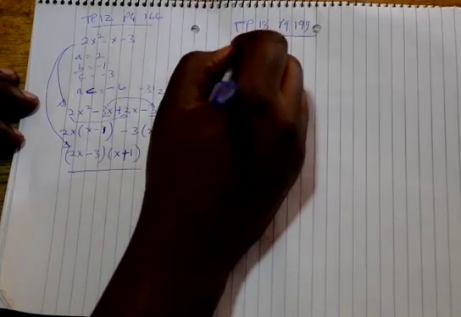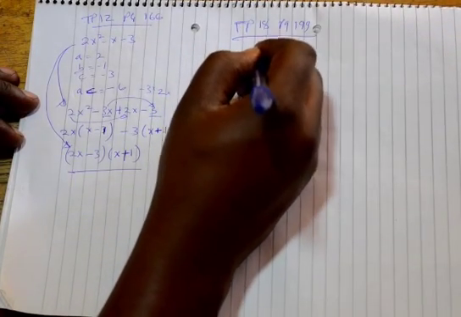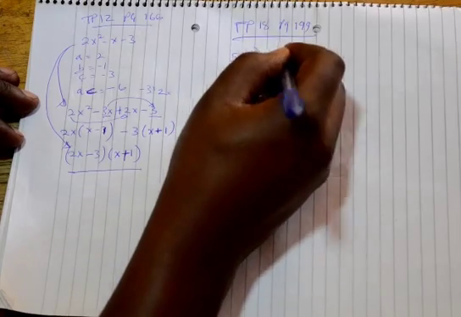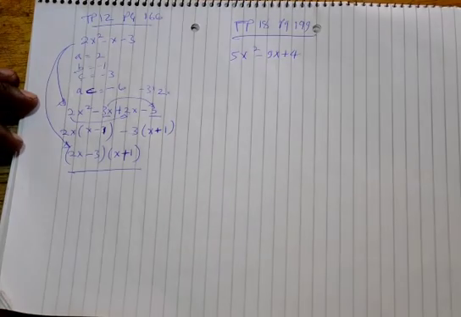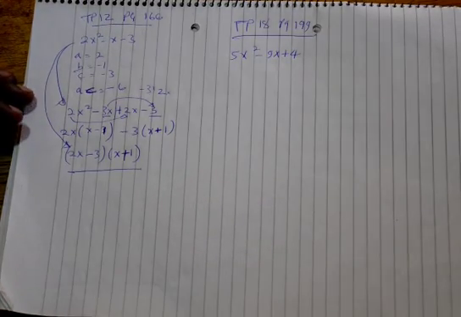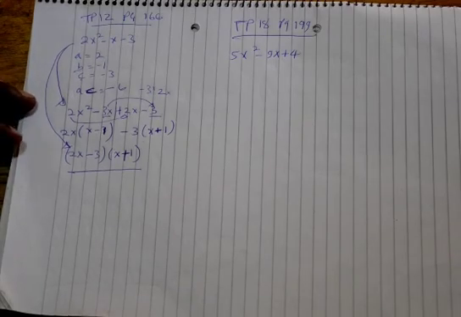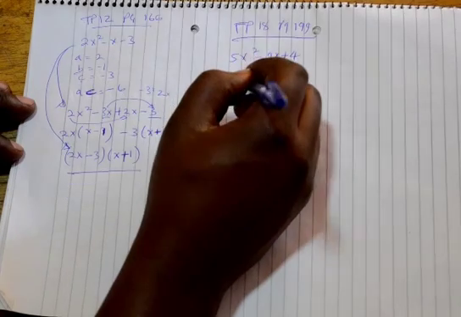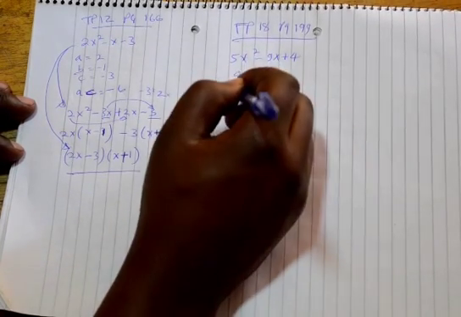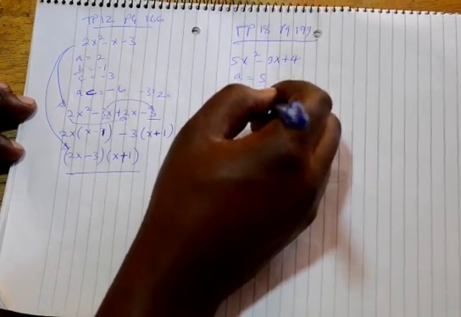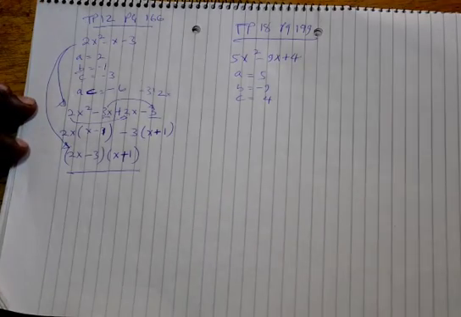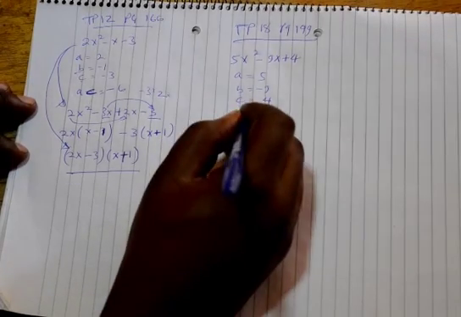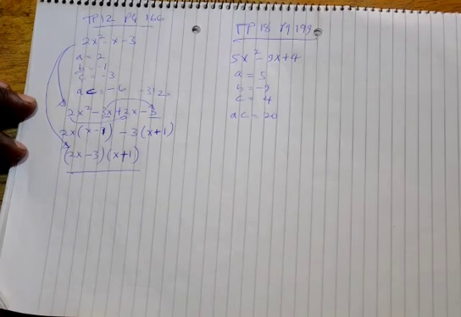We have 5x squared minus 9x plus 4. Okay, so again we go ahead. Our a is 5, b is minus 9, and c is 4. So what is our AC? AC is equal to 20.